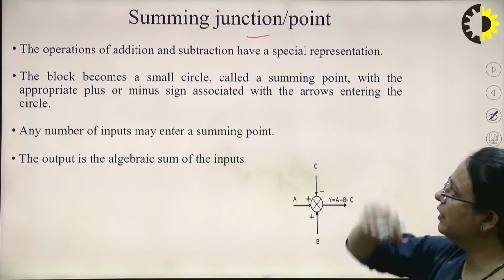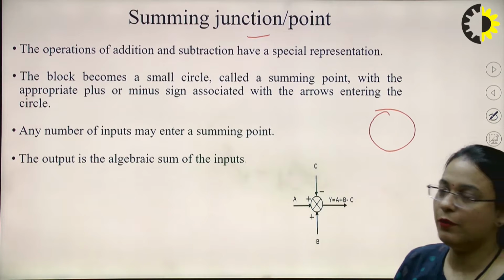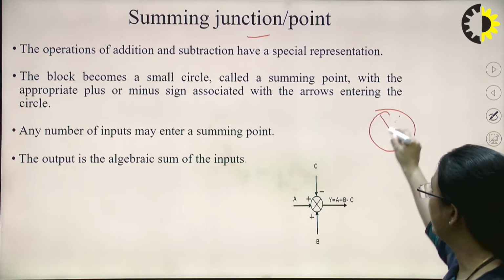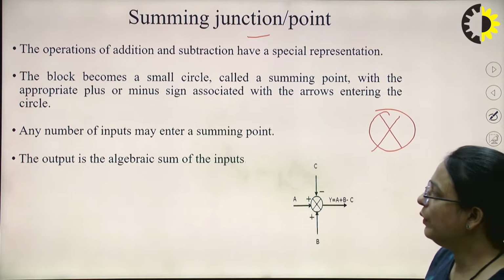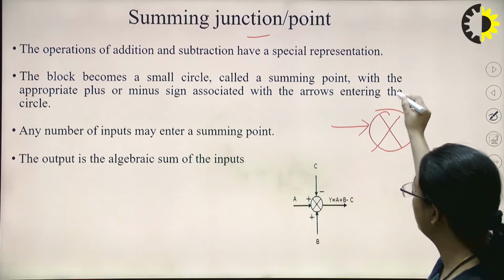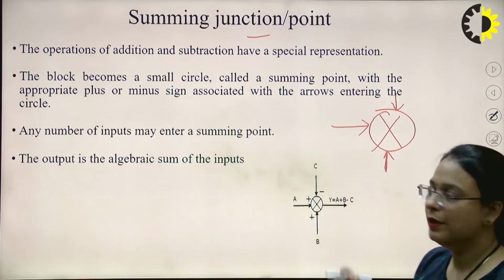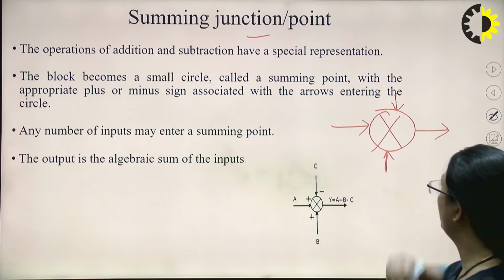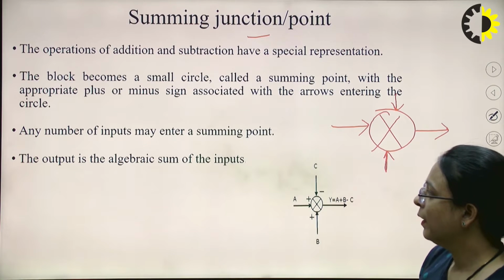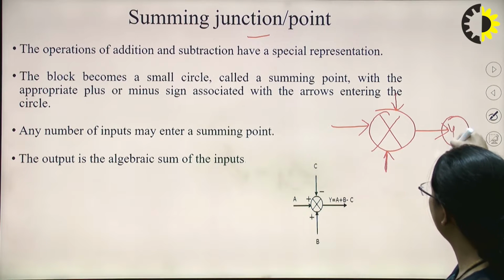This summing point is represented by a circle with a cross inside it, okay? Here you can have any number of inputs applied to the summing point, producing a single output. Let Y be the output.